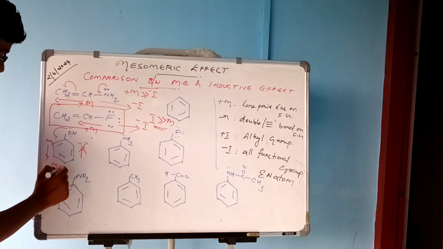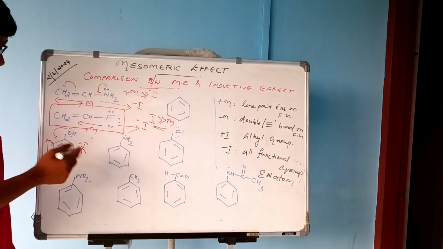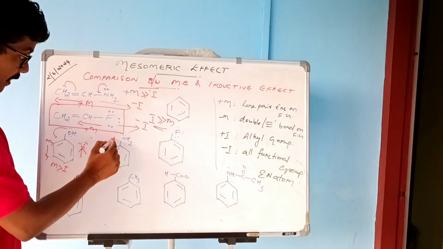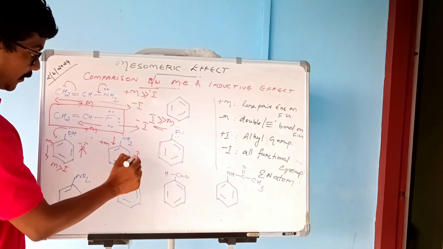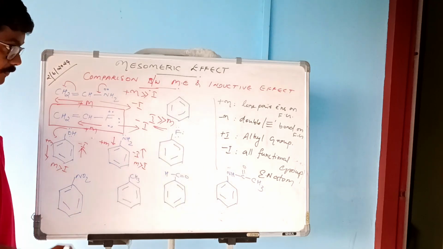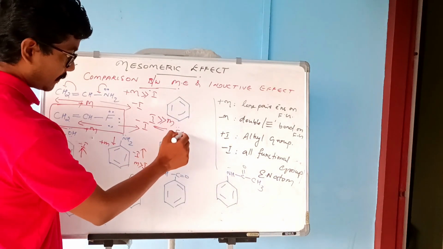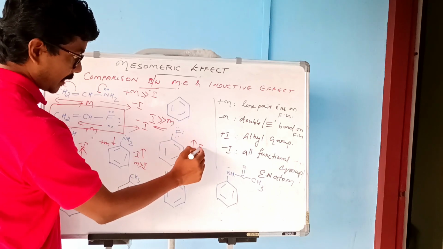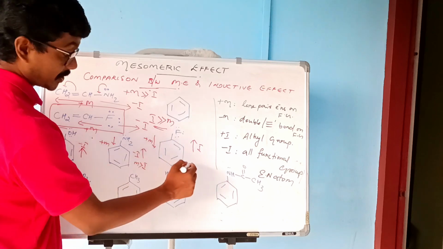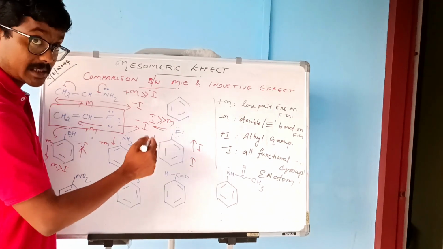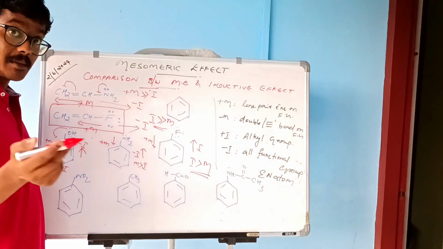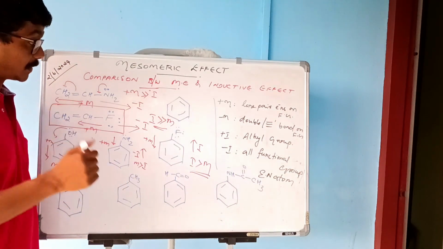So M is greater than I; the mesomeric effect dominates over I. Here also, because of the lone pair, the plus M effect is in this direction and the minus I effect in this direction, so M is greater than I. In this case, the inductive effect is in this direction and the plus M effect is in this direction. But here, when a halogen is present, I is greater than M. The inductive effect dominates over the mesomeric effect.